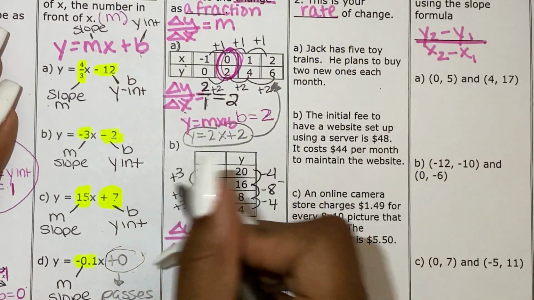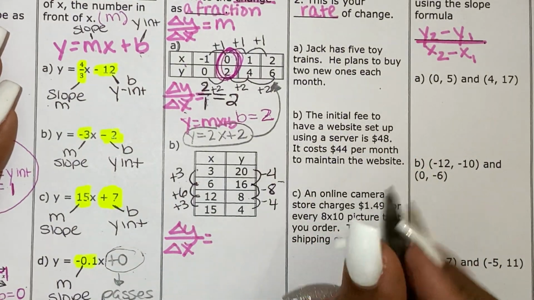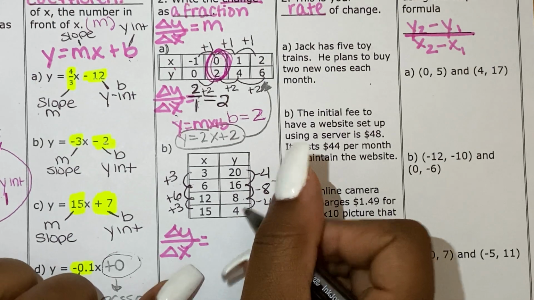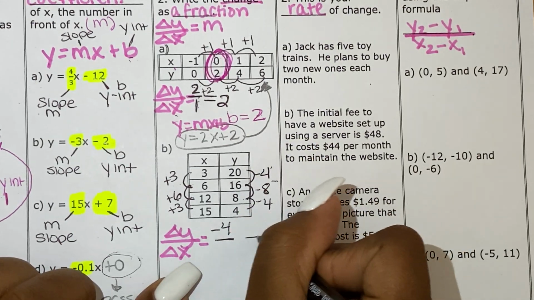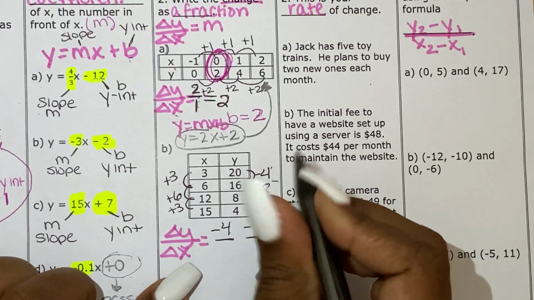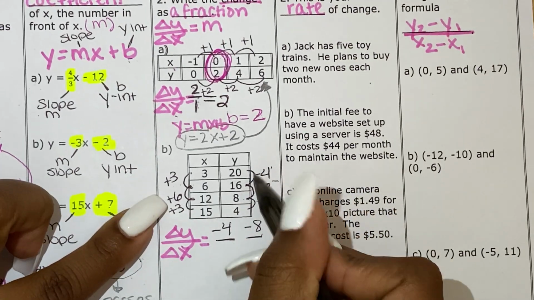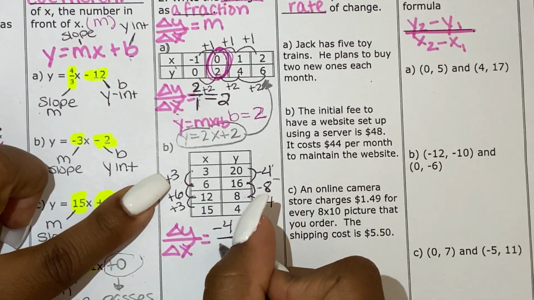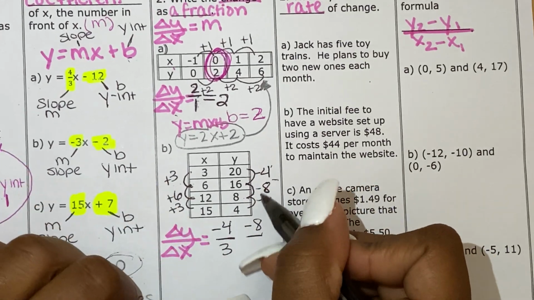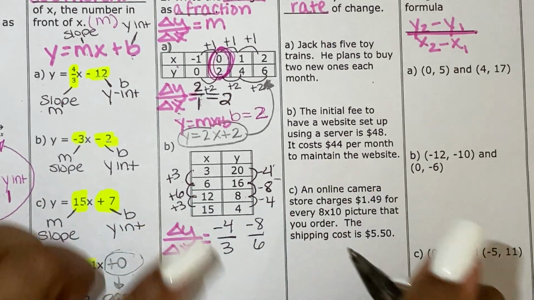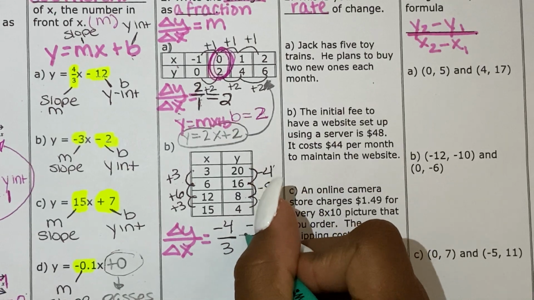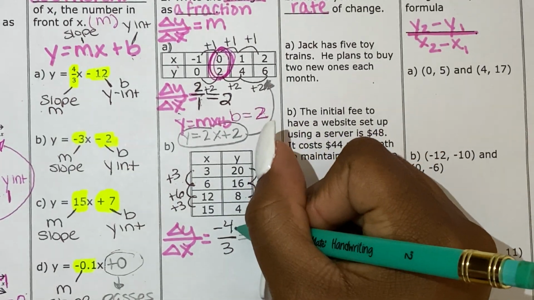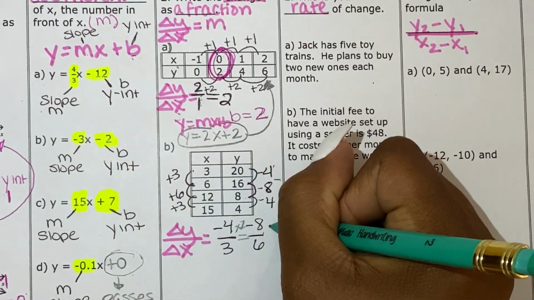Now, since I have 2 separate changes in y and 2 separate changes in x, I'm going to write both of them. For my change in y, I have a -4. I also have a -8. When y is -4, x is 3. When y is -8, x is 6. I can see they are equal to each other, because if I do -4 times 2, I get -8.